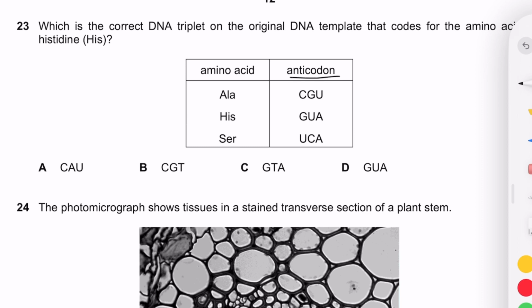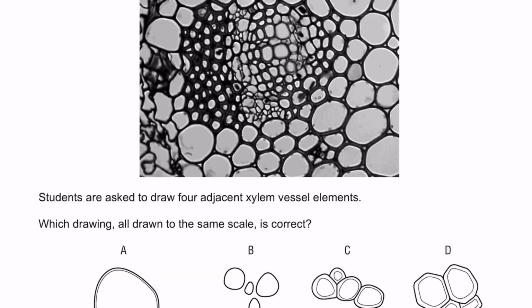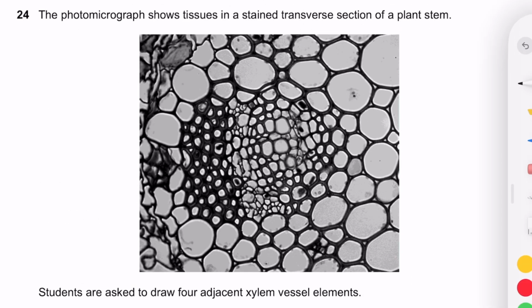If you want to convert from anticodon to code, which is a triplet base for DNA, you just have to change any U's into T's, because uracil is in RNA, but we don't have uracil in DNA. So you have to convert the U over here to a T, and that is the DNA code. Again, if they say there's an anticodon, just immediately change the U into a T to find the code in DNA. In case it's a codon, it's a totally different case.